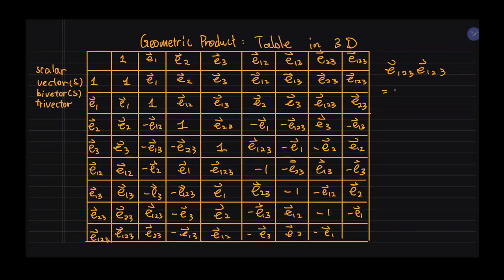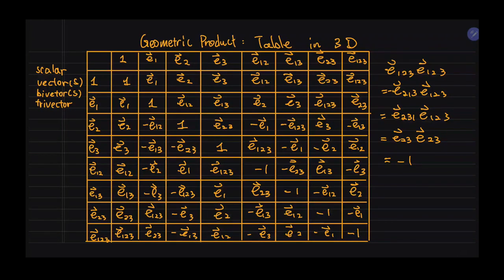We swap the order, E2 1 3 E1 2 3, minus, and then we swap the order again, E2 3 1 E1 2 3, it will be E2 3 E2 3, then we know E2 3 is equal to minus 1, so it will be minus 1.